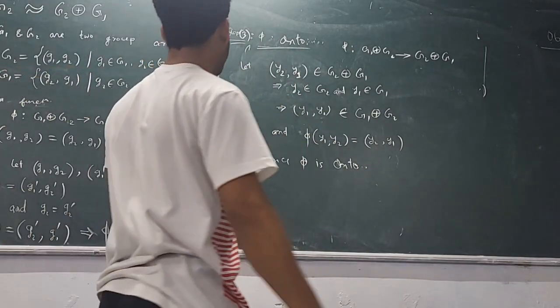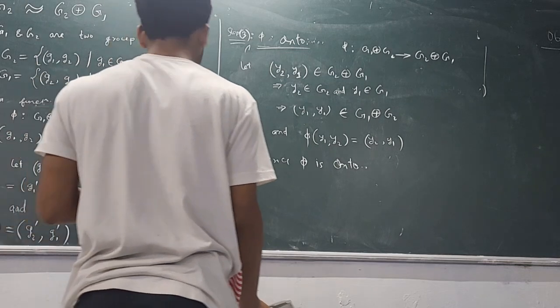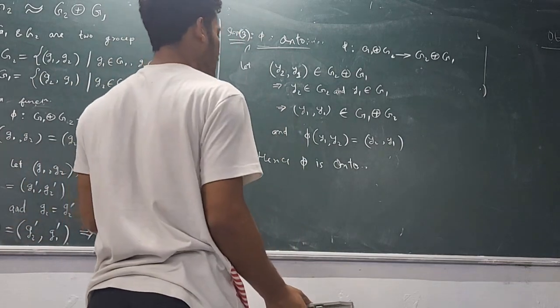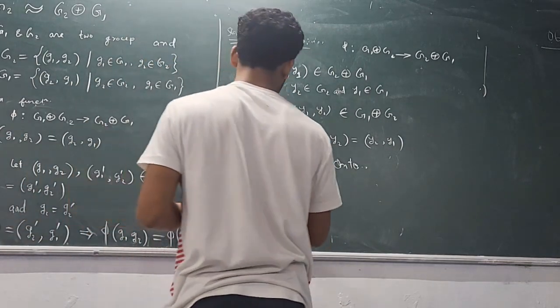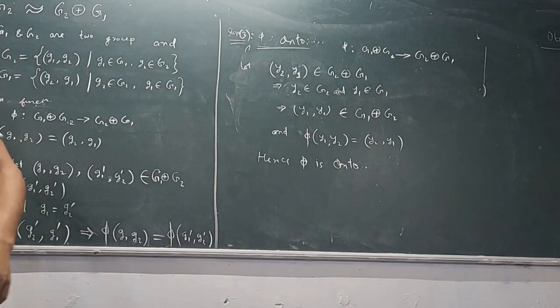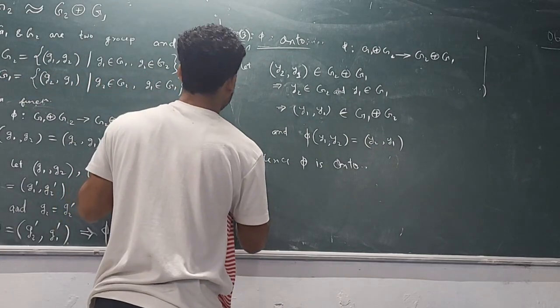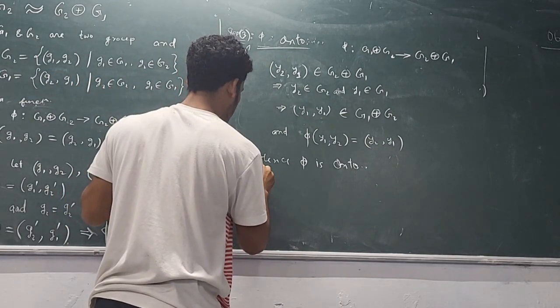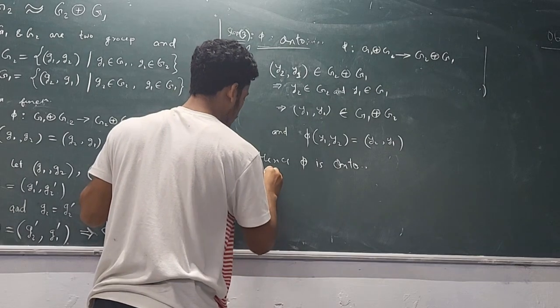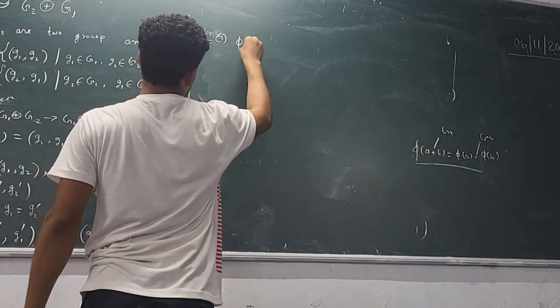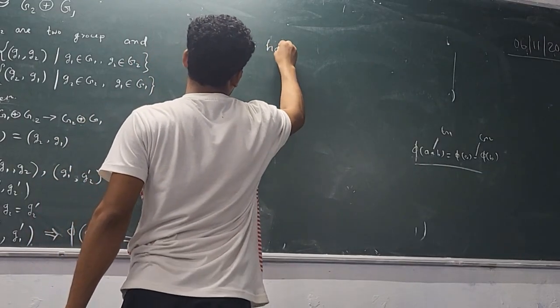Now the last part is we have to show that phi is a homomorphism. It is the easiest step. Step 4: we have to show phi is a homomorphism. How do we show it?